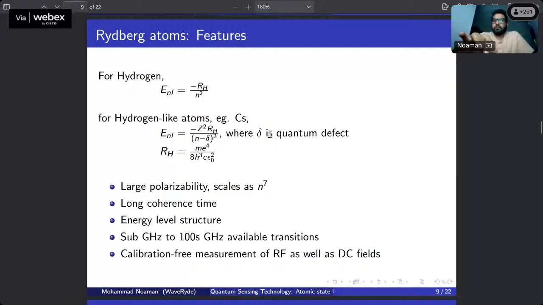The delta, also called the quantum defect, comes from the fact that a hydrogen atom has no other electrons down there in the lower orbits, whereas any other atom like cesium has a lot of electrons. Because of that, we modify the n and say it's n minus delta.